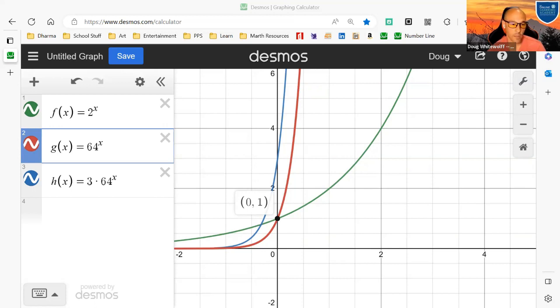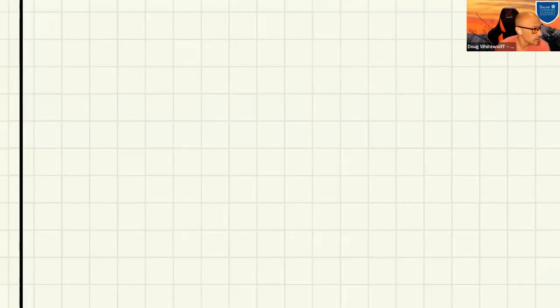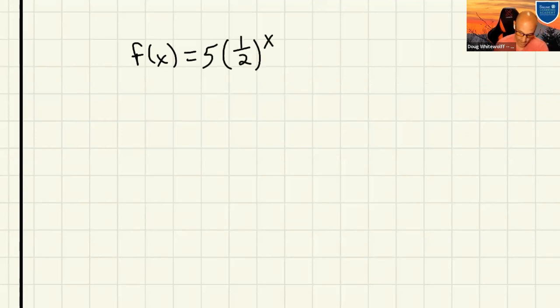All right, so okay, so now the next example we're going to look at is going to be a bit different. It's going to be f of x is equal to 5 times the quantity 1/2 to the power x.